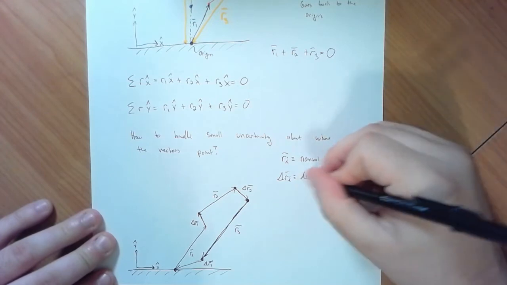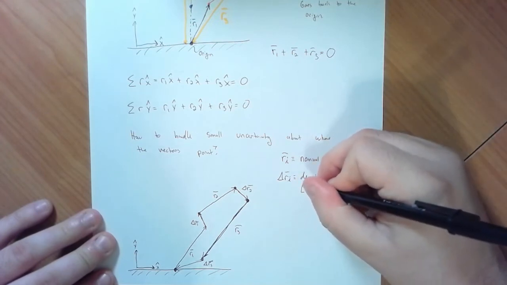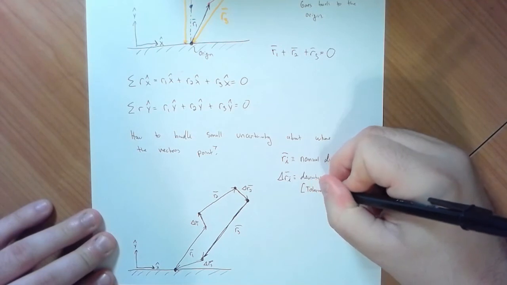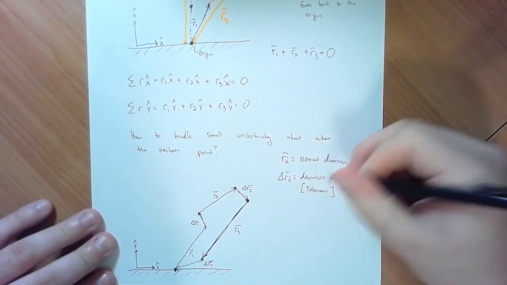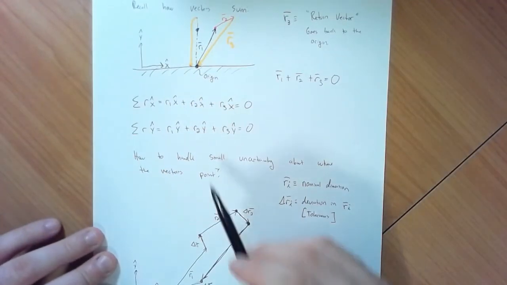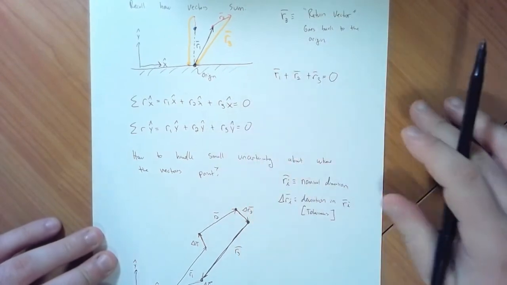And it turns out that these deviations are also tolerances, when you break them down into the x coordinate system and the y coordinate system like we've done up here.